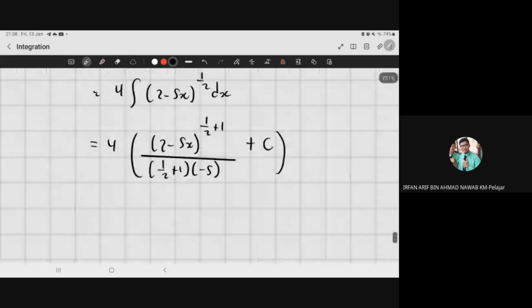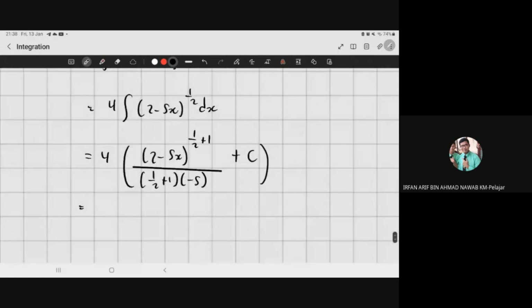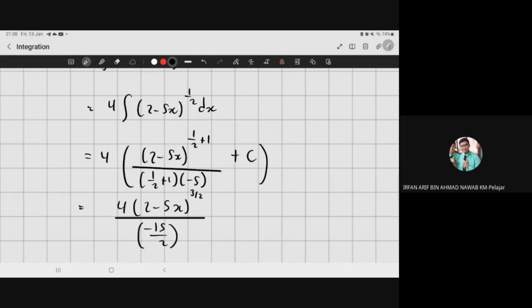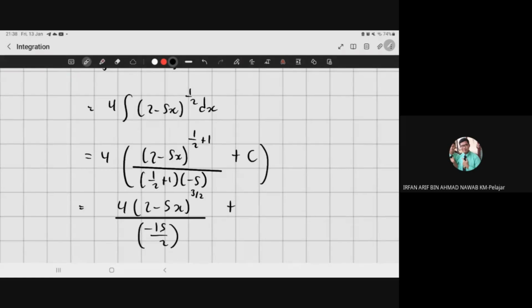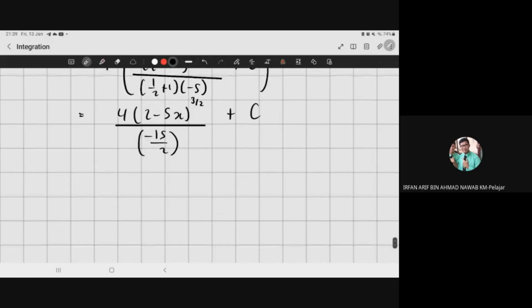All right, so you try to simplify this, you will obtain 4 times 2 minus 5x to the power of 3 over 2 divided by 3 over 2 times negative 5, which is negative 15 over 2. When a constant is multiplied by a constant, you will get a constant at the end. And then when you simplify this expression, you should get negative 8.